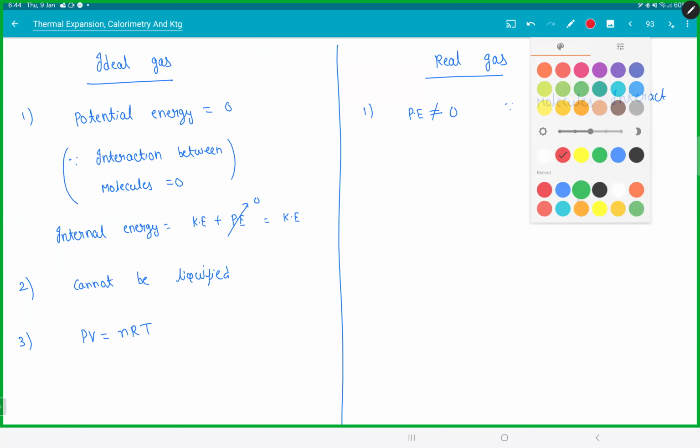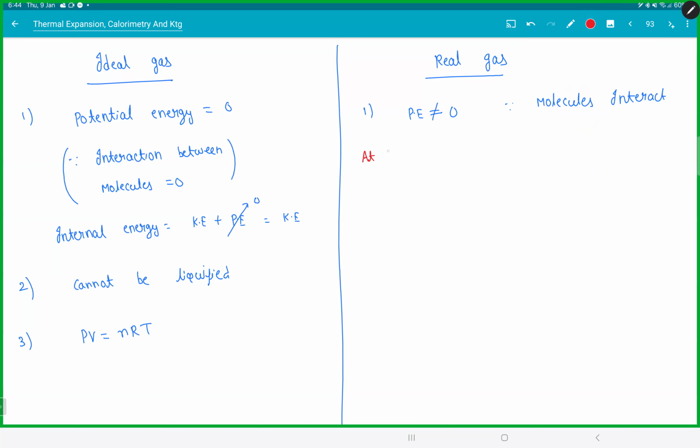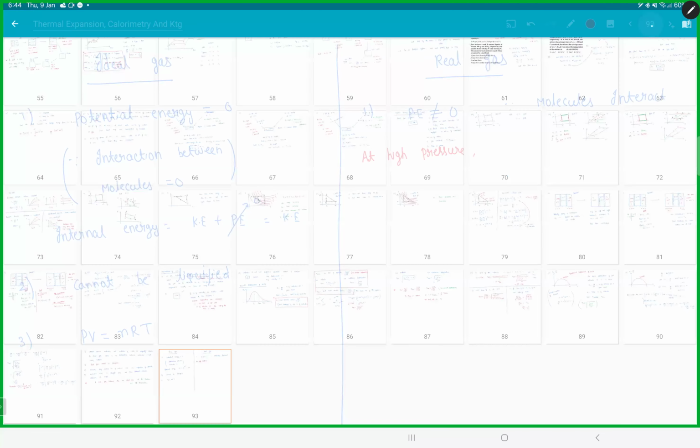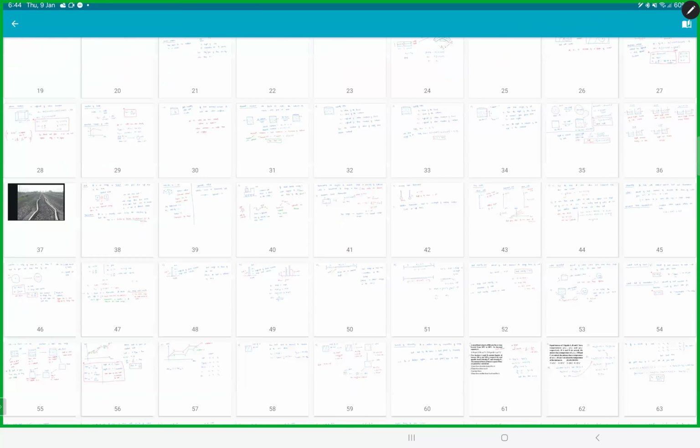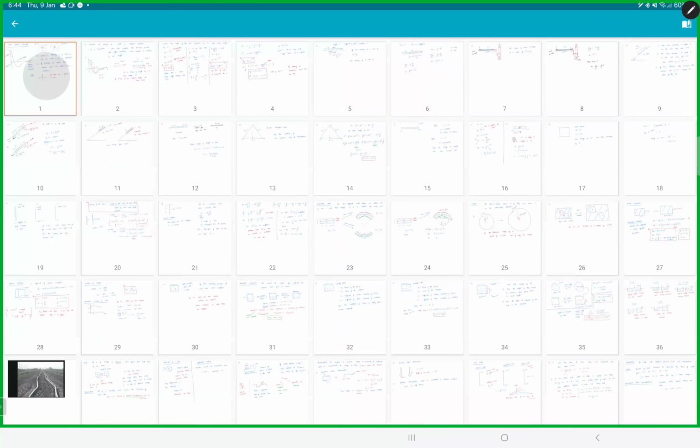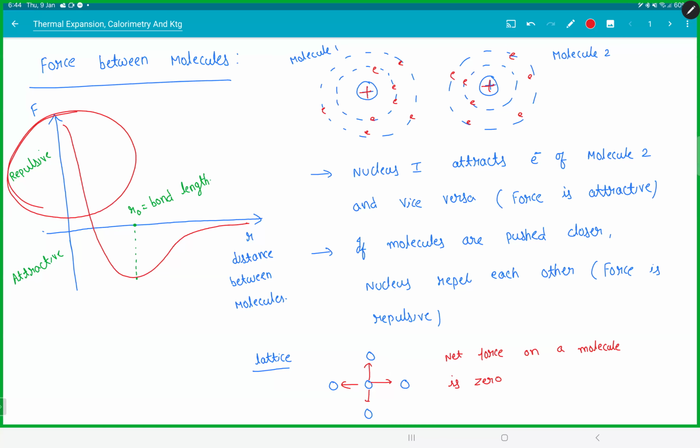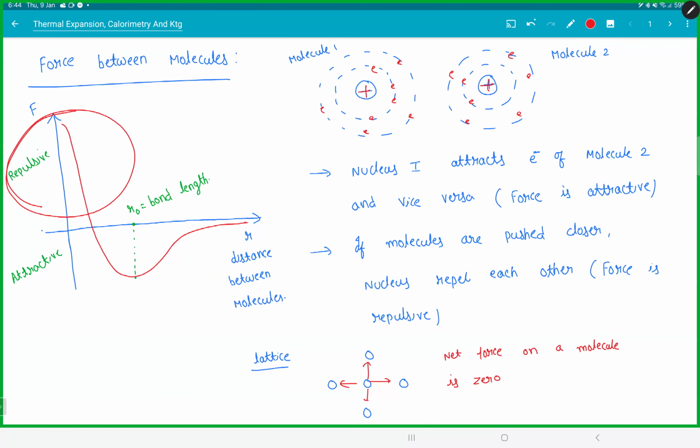Now, there is something interesting there. If the pressure is very high, tell me one thing, at very high pressure, what will happen? Molecules are pushed towards each other. If the molecules are too close, what happens? This is the first thing we studied in thermal expansion. If you bring the molecules too close, what will happen? They will repel, isn't it?